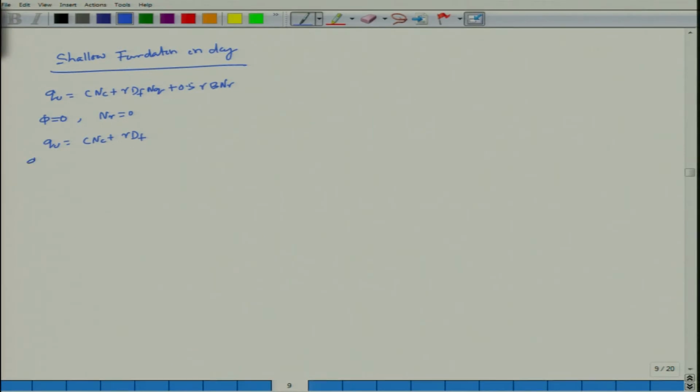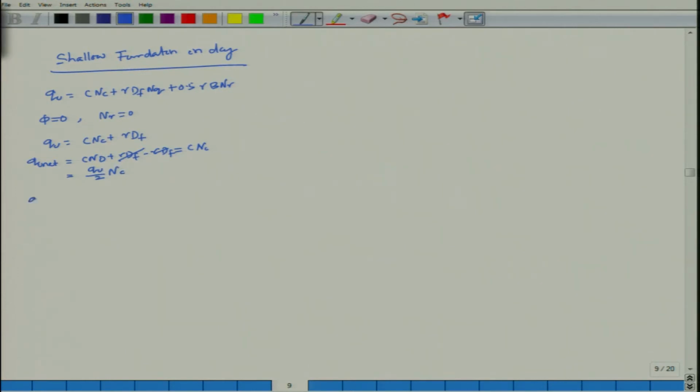and QU net is equal to CNC plus gamma DF minus gamma DF. So this will go, this will be only CNC. If I take C as undrained cohesion, that means QU by 2 into your NC.